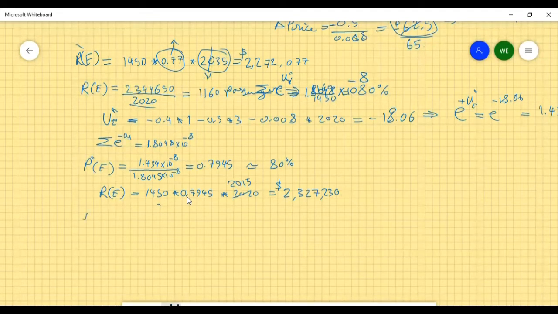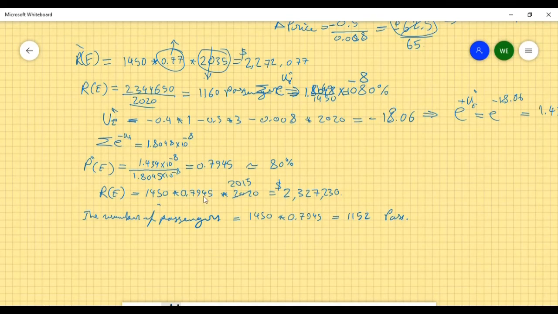So here the new number of passengers equals 1450 multiplied by 0.7945, which equals 1152 passengers.